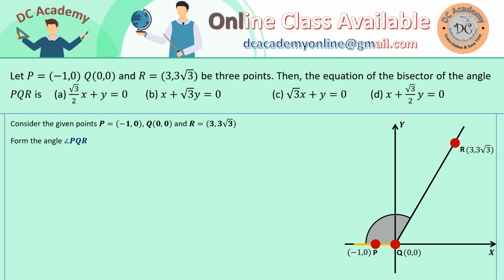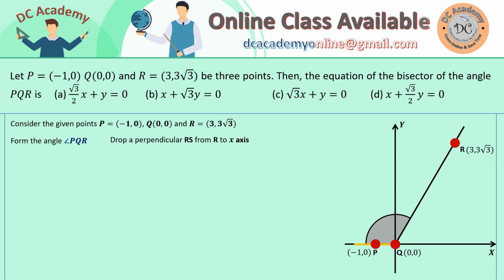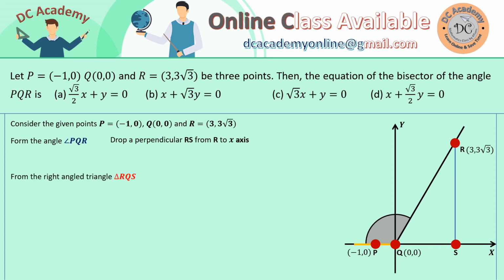Now our aim is to find the equation of the angular bisector for this particular problem. Our first job is to identify the angle geometrically. So first we drop a perpendicular RS from R to the x-axis. Now observe that from the right angle triangle RQS, tan of the angle RQS is equal to opposite RS divided by the base QS.